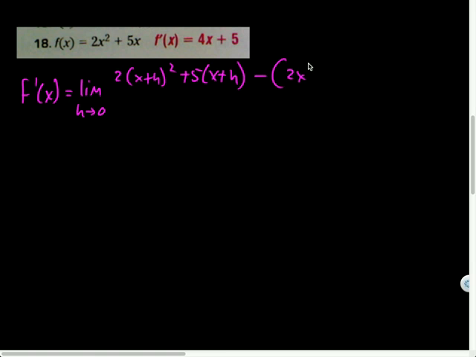So that's 2x squared plus 5x, all over h. And literally, this is the slope formula: y2 minus y1 over x2 minus x1. My points, x plus h minus x, the x's just cancel out. It's just h.